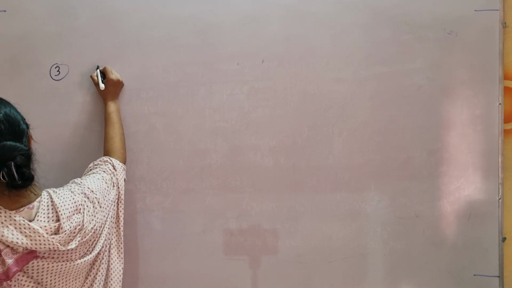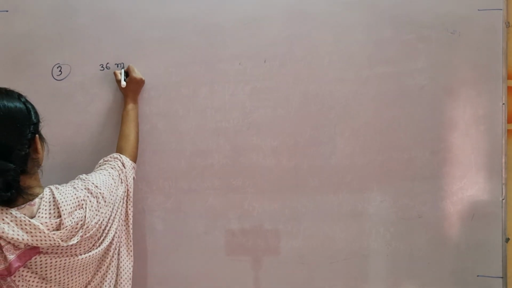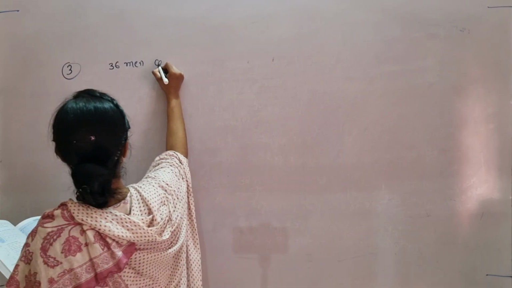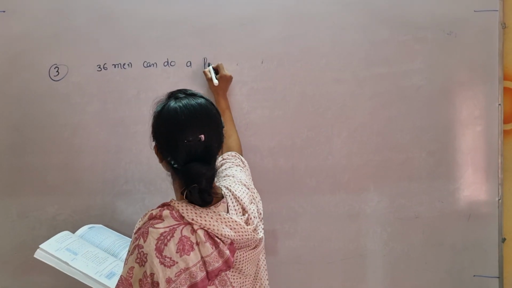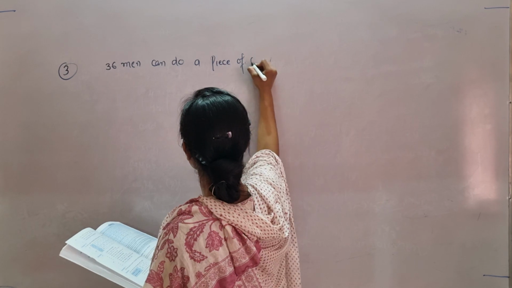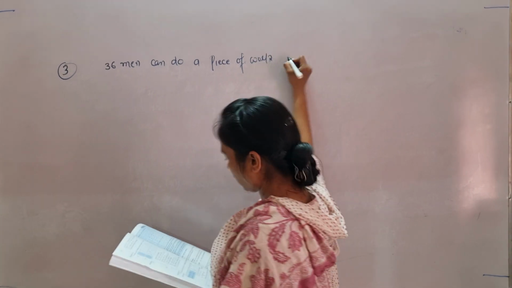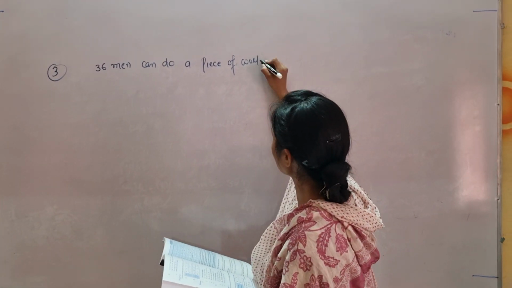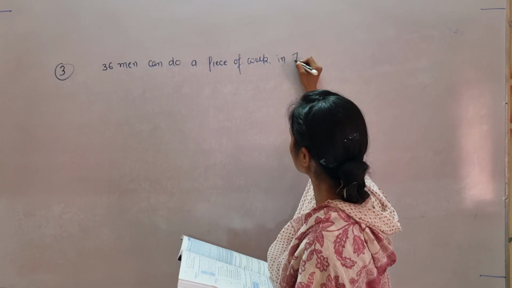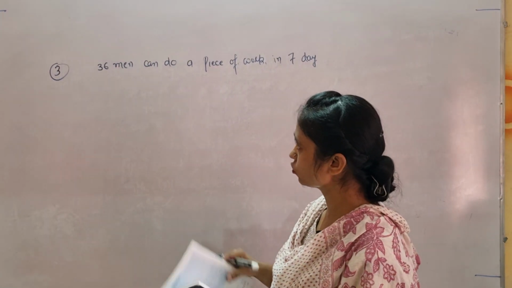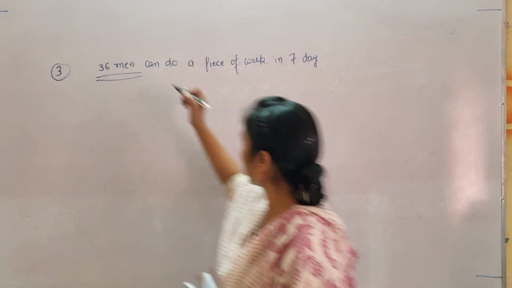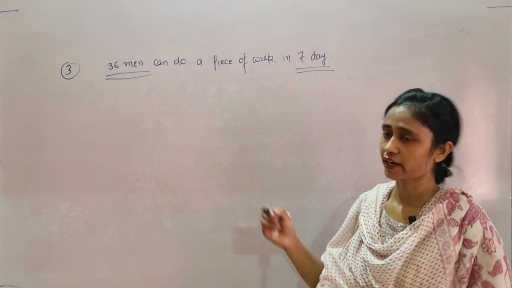What is the statement? 36 men can do a piece of work in 7 days. So, which two variables are there: 36 men, 7 days?